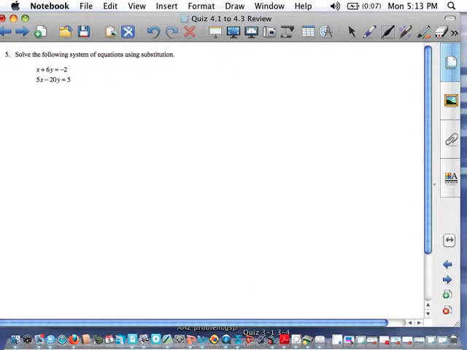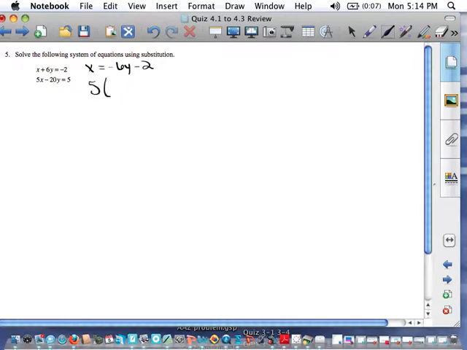Number 5 asks you to solve this system using substitution. When you look at this equation, you see that the first equation, the coefficient on x is a 1. So that would be the easiest one to solve and use substitution. So x is equal to negative 6y minus 2. Now substitute minus 6y minus 2 into the second equation.